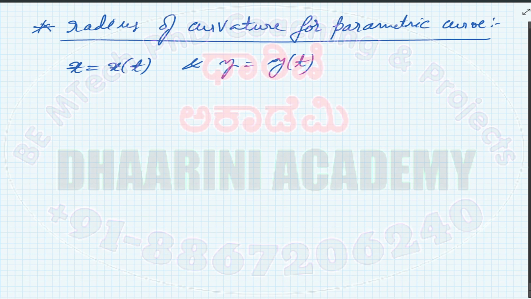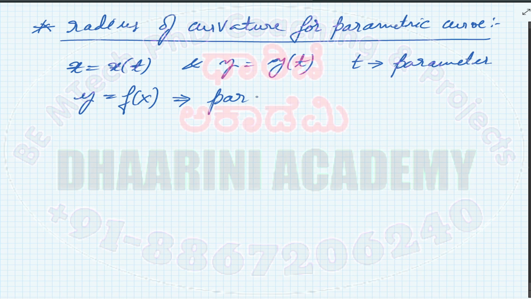If this is the parameter, so both x and y depend on the time as a parameter, then the curve y is equal to f of x will be called the parametric curve.